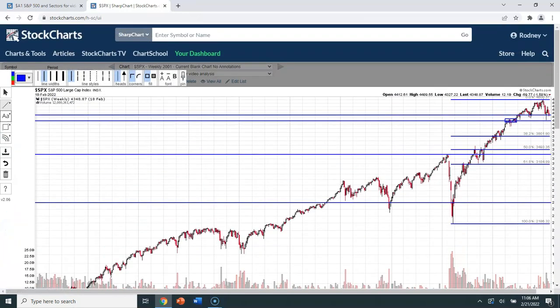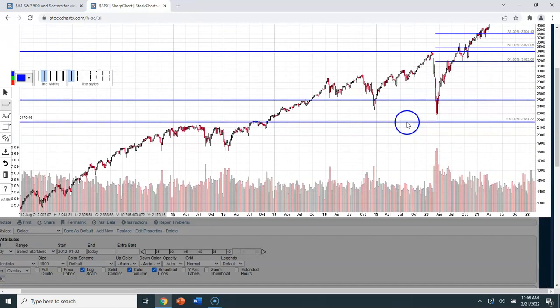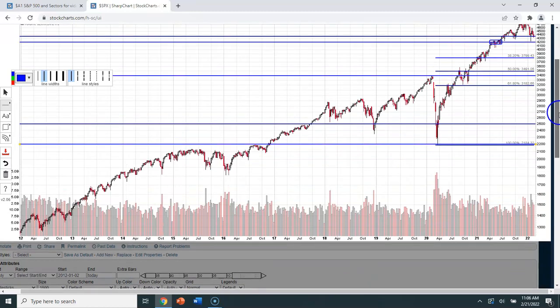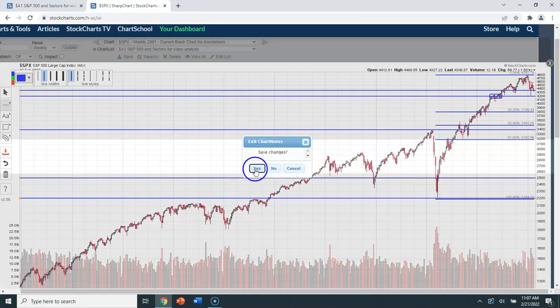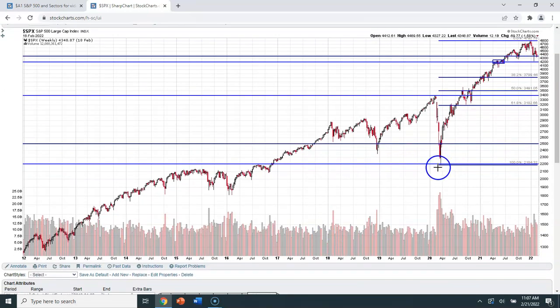And let's take our annotation tool, and what we're going to do is extend out this 2,200 line, because I'm going to leave it right at 2,200, as close as I can get it there, okay? And even though the 100% Fibonacci retracement would take us down slightly below that level, as you can see.